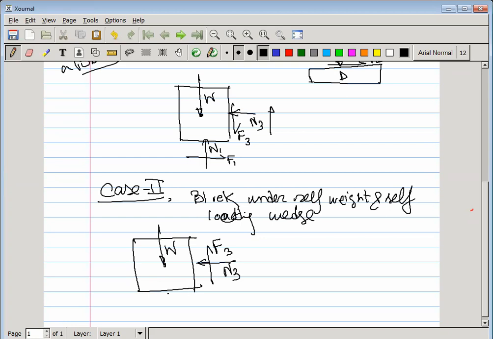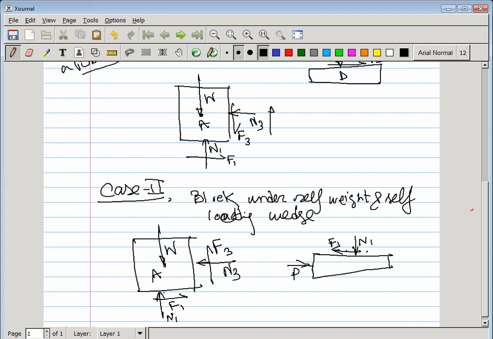The friction between body A and body C is the same, so the frictional component is also the same. For body C, see here very minutely, for body C, the N1, this is your F1, and this is your applied force.